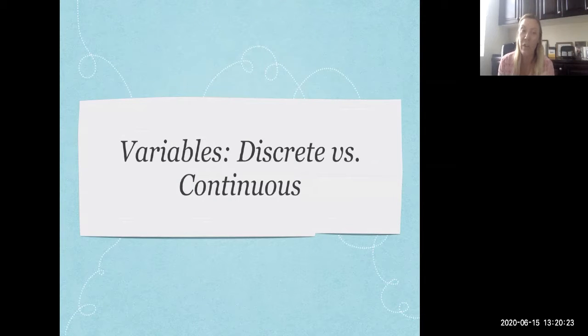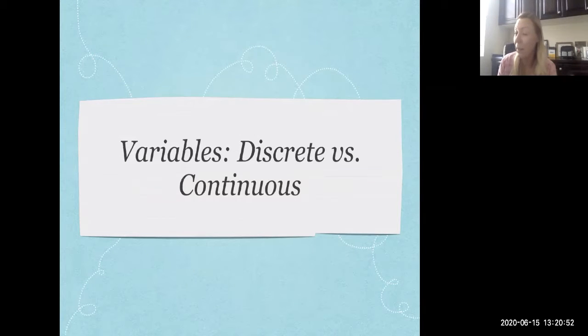Continuous is more of a variable that can be measured depending on how specific or exact you want to get. So for example, if I say my height is 5 feet 7 inches, which you'll never know if that's true or not unless you have me in class in the future, right? Am I exactly 5 feet 7 inches tall? No, right? That's just the level of accuracy that we're measuring to, the nearest inch.